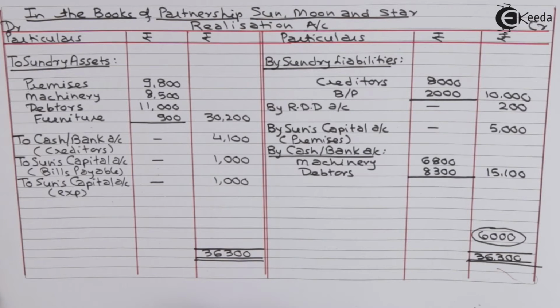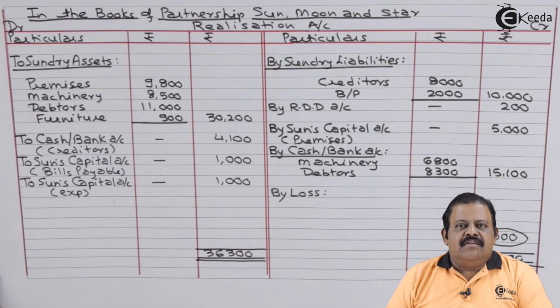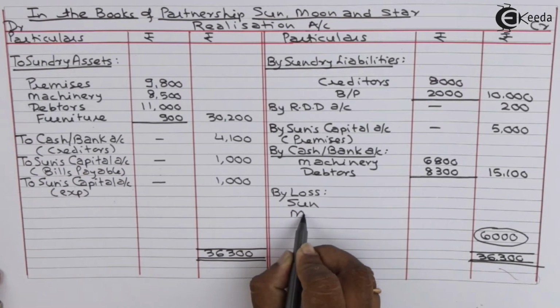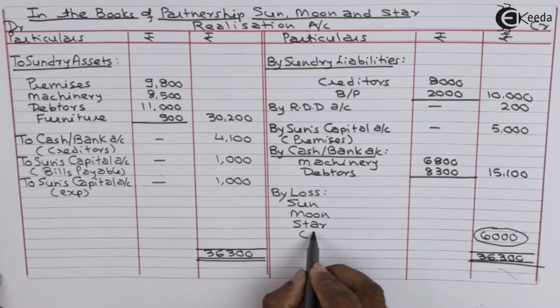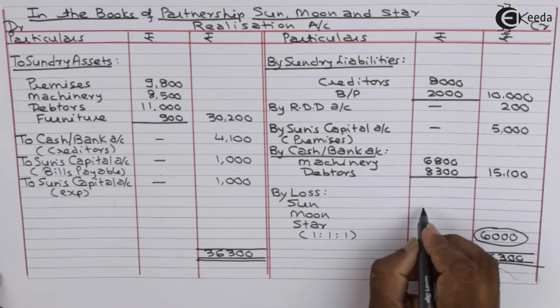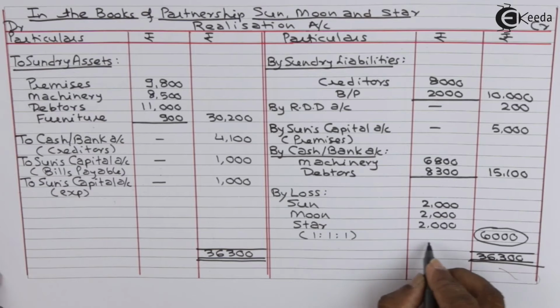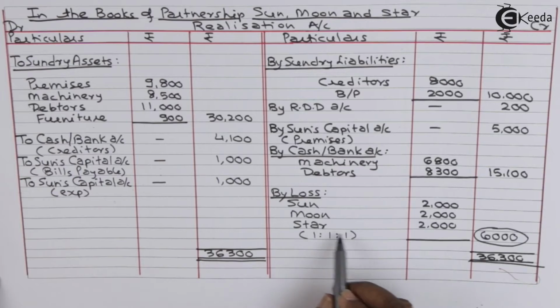This loss will be divided among partners in their profit sharing ratio, that is equal. This loss of 6,000 will be divided between partners in equal ratio: Sun 2,000, Moon 2,000, Star 2,000.